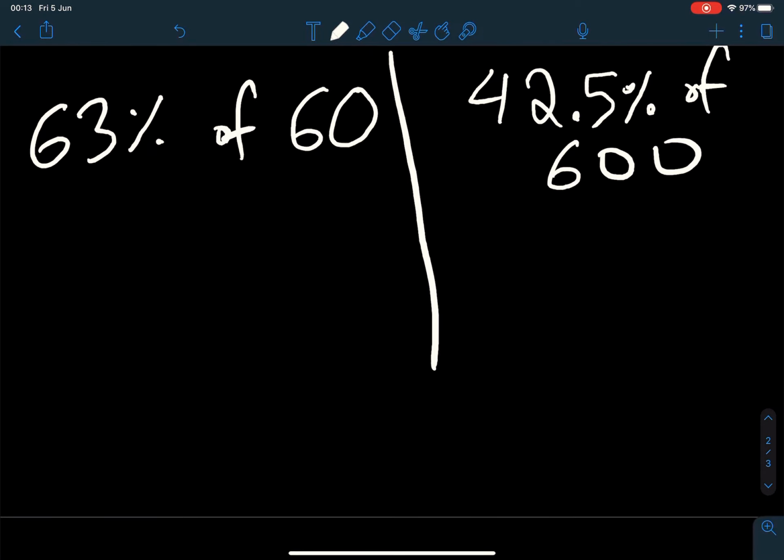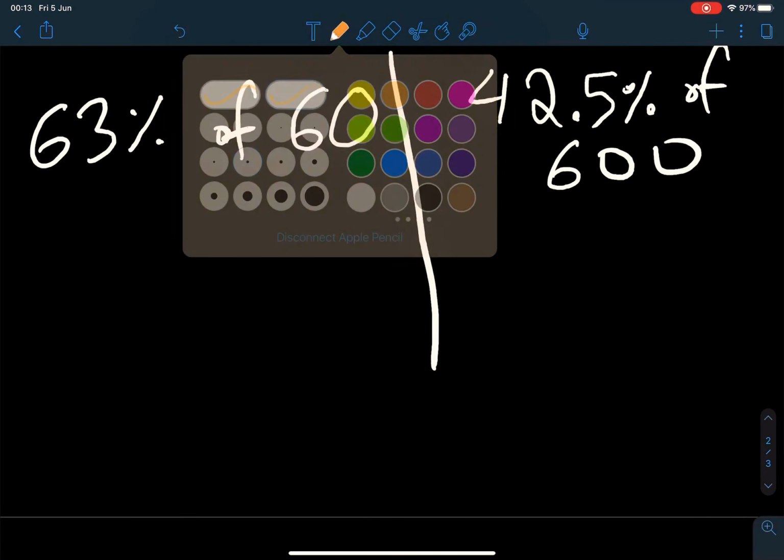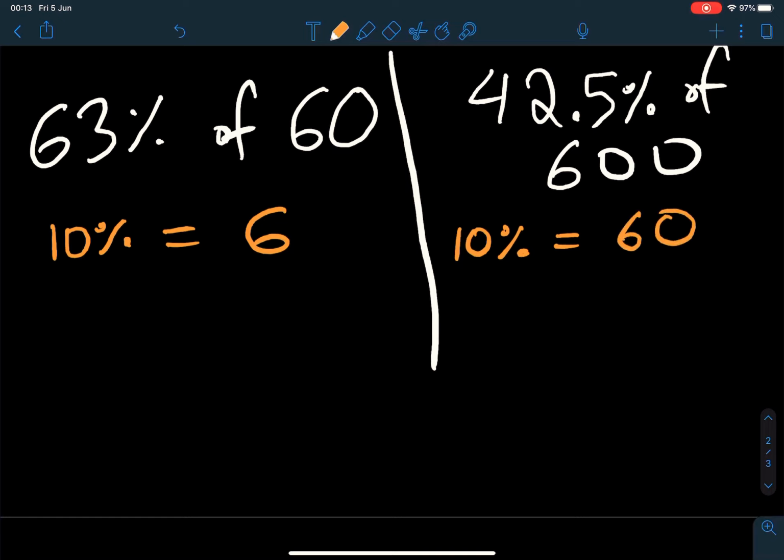So we'll do 2 different examples, but we'll use the same method. So 63%. What we always do is we start off with 10%. Let me do both of them side by side. 10% of 60 is 6, whereas 10% of 600 is 60.